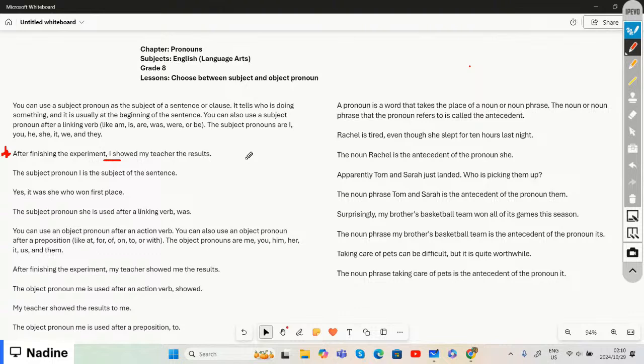The next one says, yes, it was she who won first place. We need to select the subject pronoun within that sentence, the subject pronoun that tells us who is doing something.